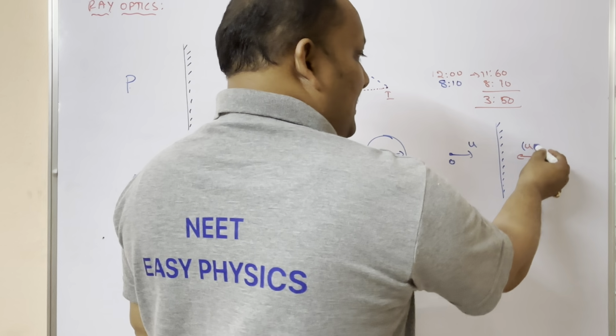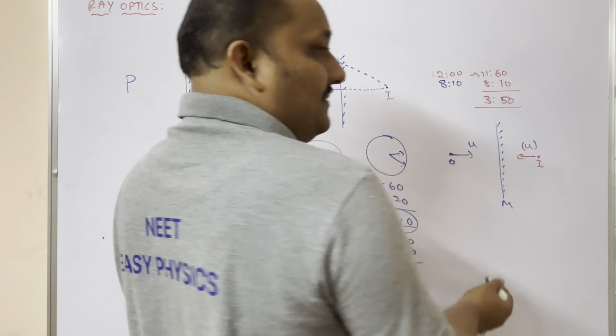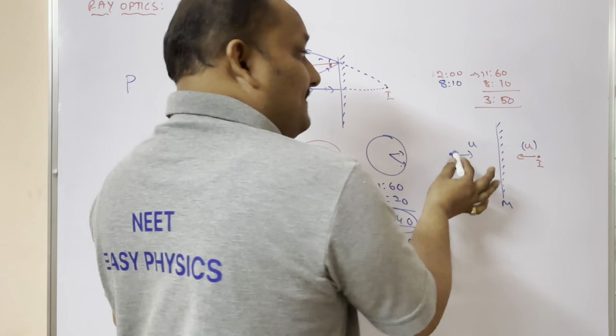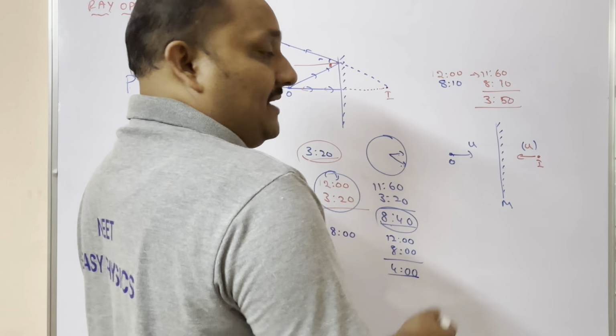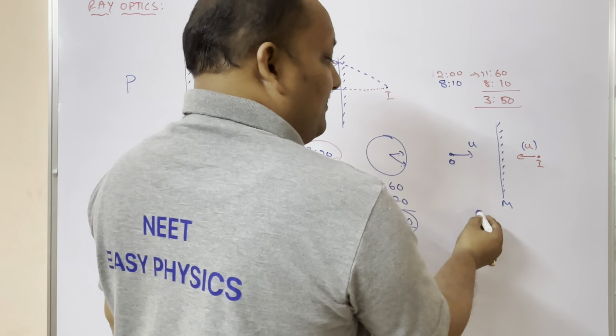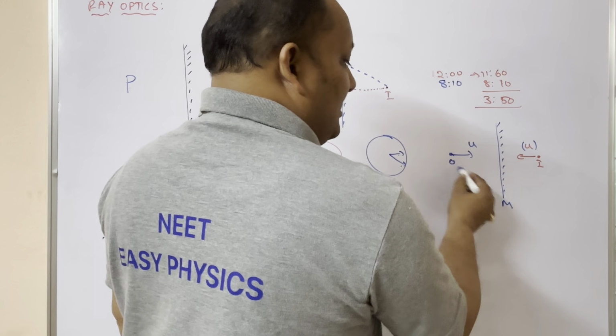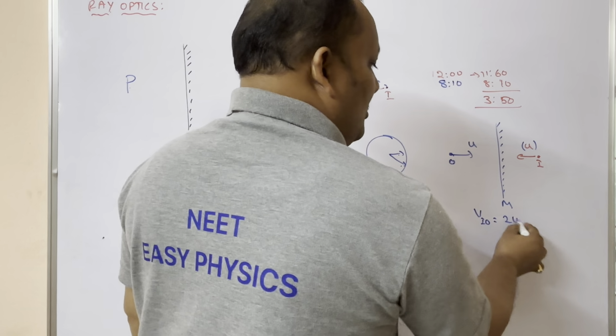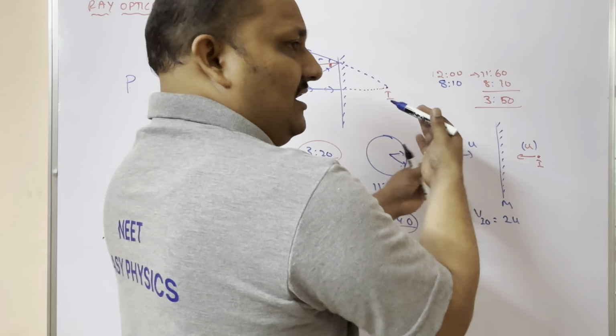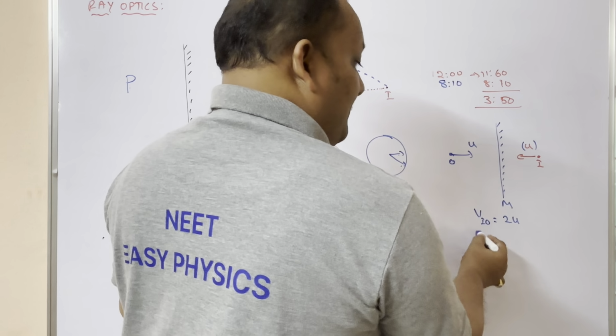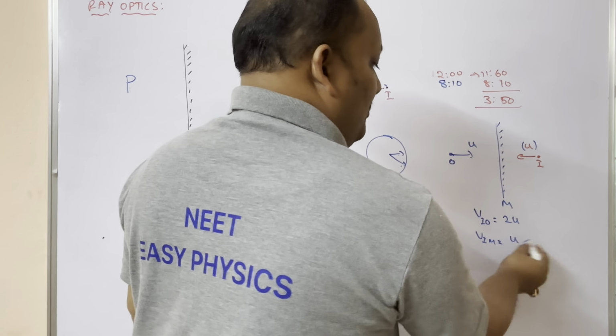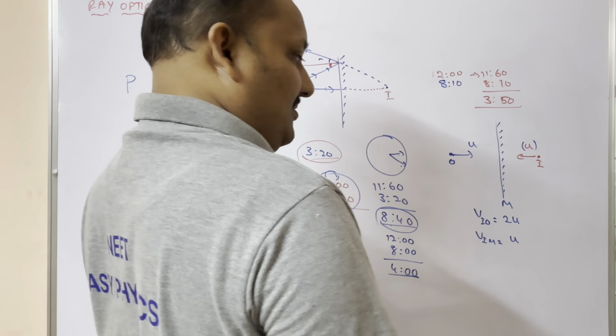Velocity of the image with respect to the mirror is u. But what is the velocity of the image with respect to the observer, or object? Both are moving in opposite direction, so the velocity of the image with respect to the object is going to be 2u because both are in opposite direction. Velocity of the image with respect to the mirror is u because the mirror is at rest.